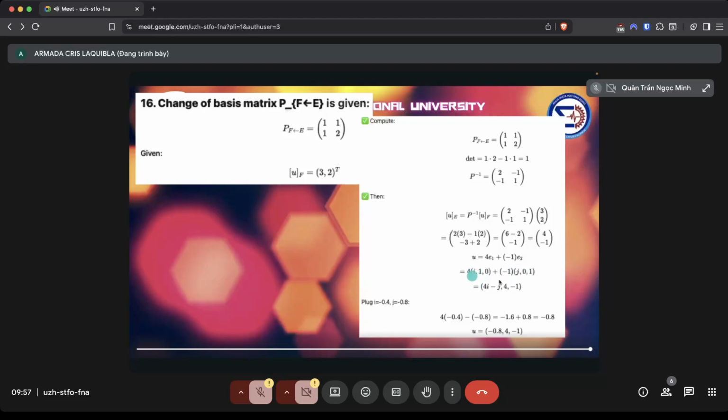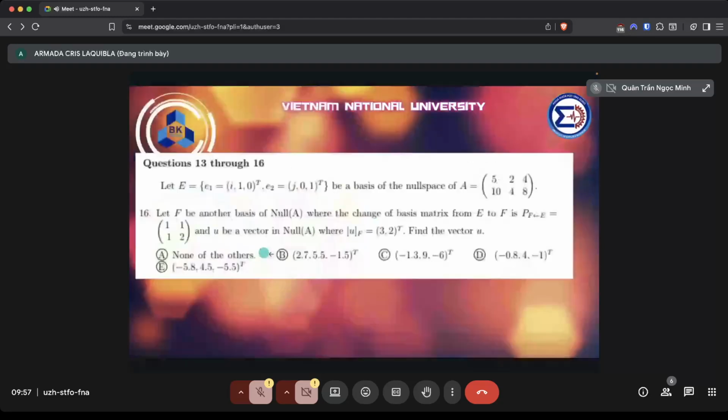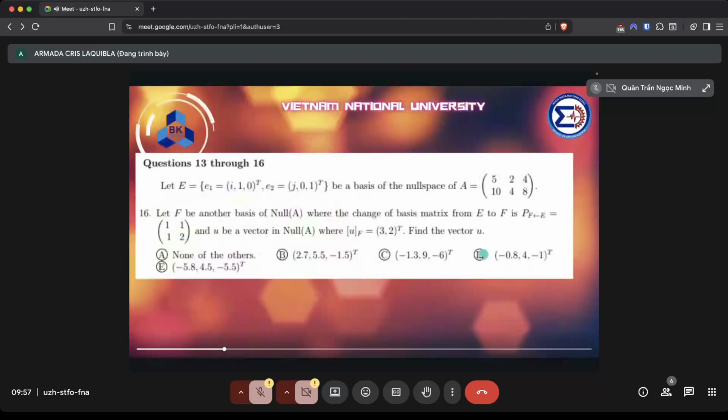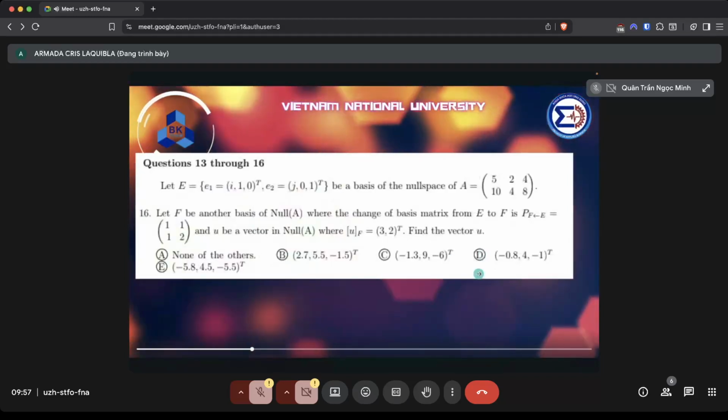Combining, the first component we have this, the second component is 4, the third component is -1, and you have there again an i and a j. So you substitute the i and j values that we solved. It's -0.8 for -1. That is now your u. And where is that? It's here, letter D. And that's it.